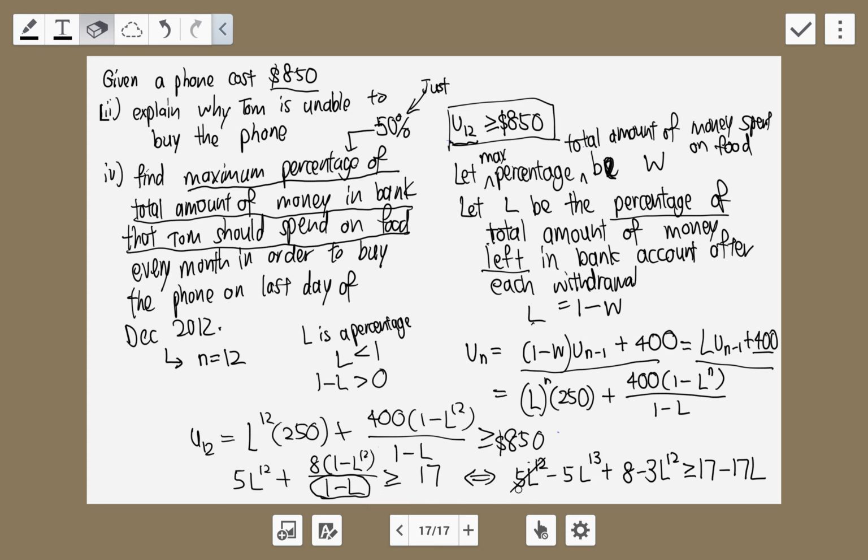Okay, so I just erase this part, and then 17, 8 minus 17 becomes minus 9, and this would be minus 17L. If I bring over to the other side, it would be plus 17L. So plus 17L greater than 0. Okay, greater or equals to 0.